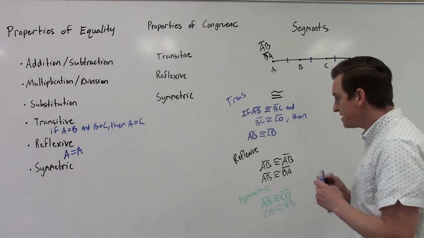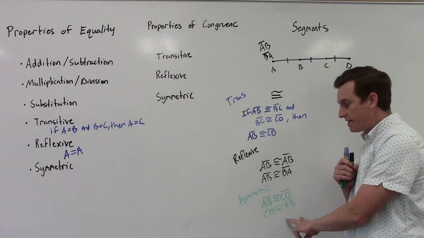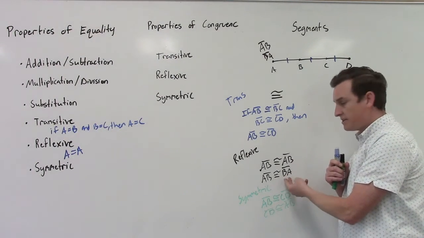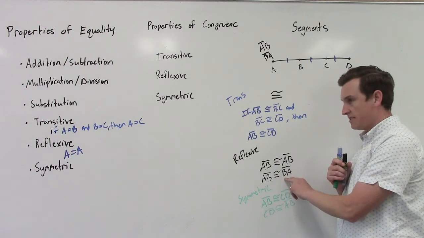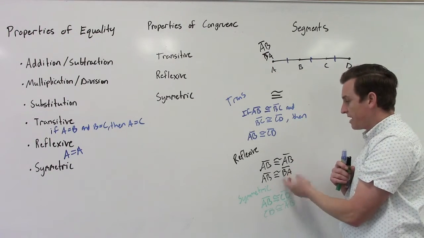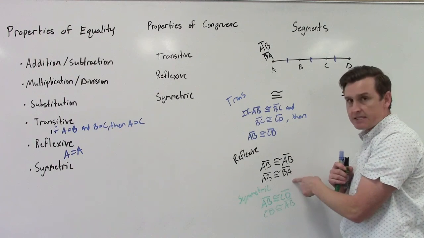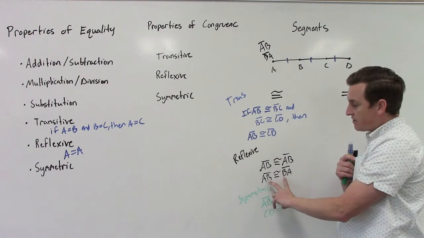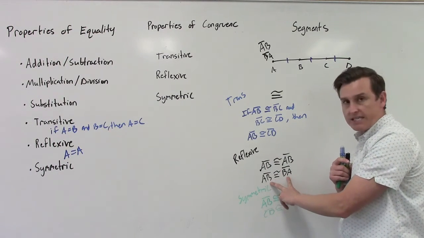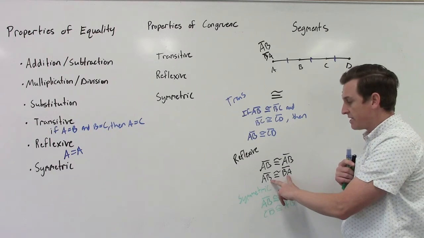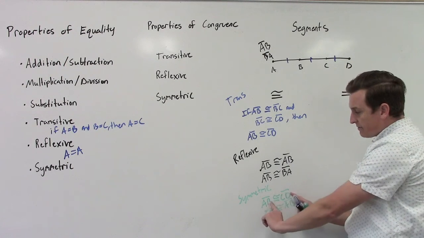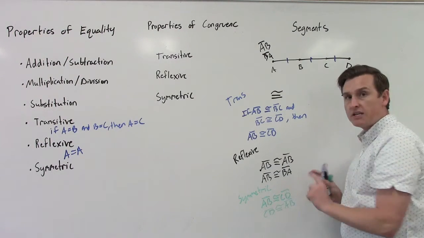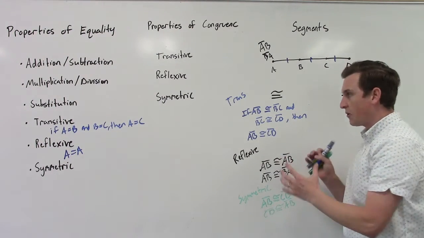Notice the difference between what I did here versus what I did there. There, all I did was change the order of the letters, which has nothing to do with a property of congruence. That's just how we write segments; they're equivalent segments. The main thing reflexive shows is that a segment is congruent to itself. What's happening here is that the segments on either side of the congruent symbol switch to opposite sides, so we can do that as well when we say two things are congruent.